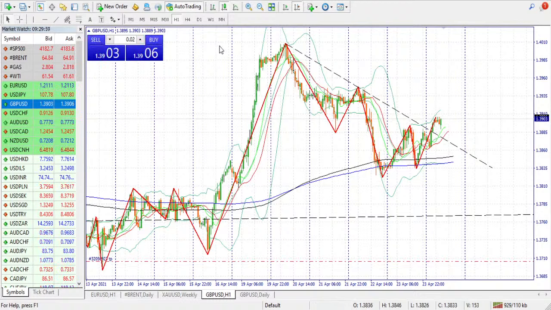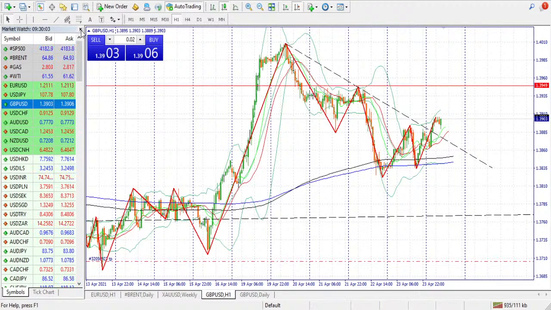So expect a continuation much higher, at least up to this point, where if the price breaks above, then our next target is this, 1.4009. So if the price can pull back nicely up to this point, then this should be the correct place to look for a buy from.